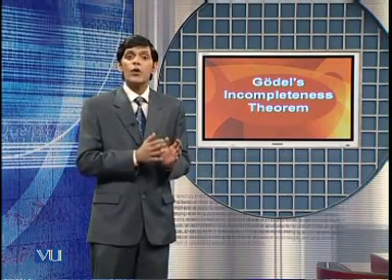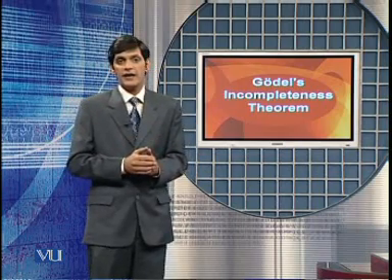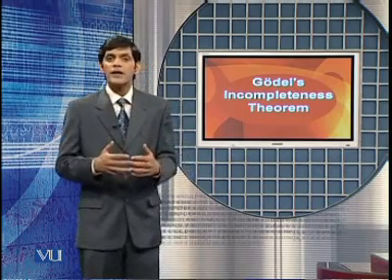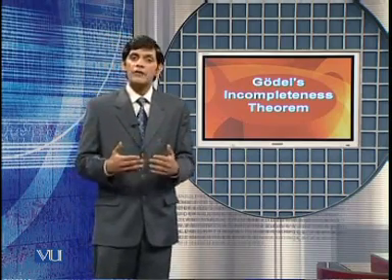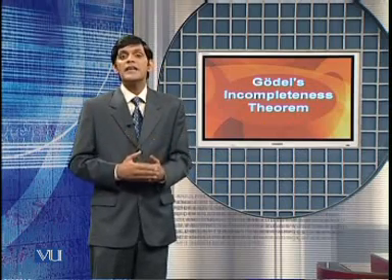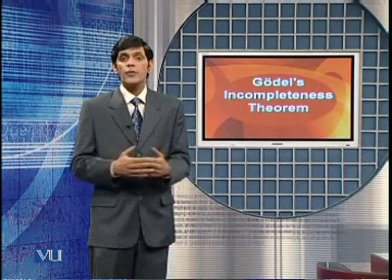However, s will only accept 0 if it finds a proof of psi. But false statements are not provable. That's because we have assumed that our system is sound. Therefore, this statement cannot be false. Hence, this statement must be true.